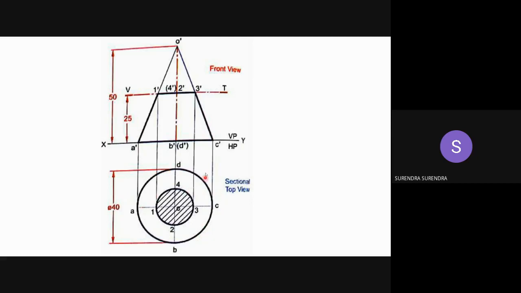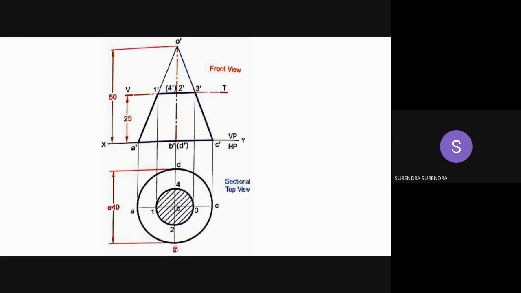After completing the top view, draw the projections to the front view. As it is resting on its base on the horizontal plane, draw the projections from A, B, C, D up to the XY line, and mark them as A dash, B dash, C dash and D dash. As you're seeing in this direction, A, B, C are visible.